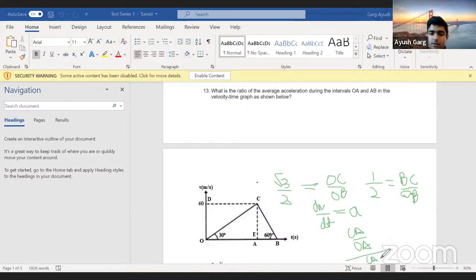So in this entire thing, when you cancel CA, it is going to become AB upon OA.